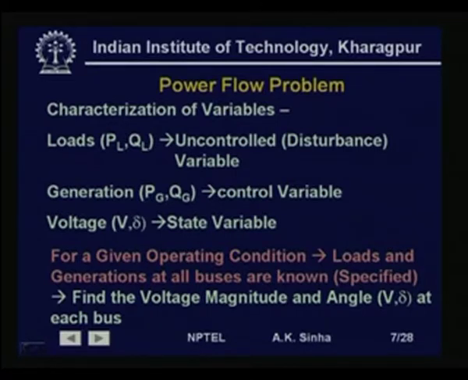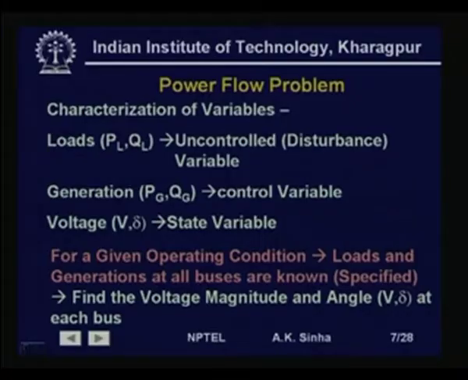And the voltages at all the bus bars form the state variables for the system, because if we know the voltage magnitude and angle at all the bus bars, we can always find out the power flow in each and every line, or the power injections at different bus bars. So, these are called the state variables. For a given operating condition, loads and generations at all buses are generally known.